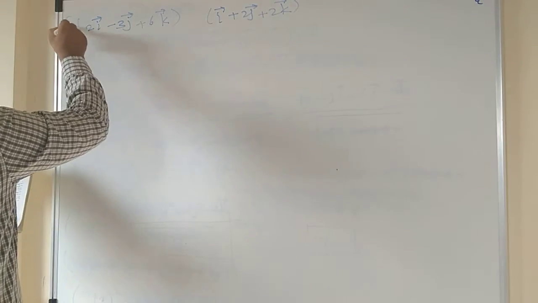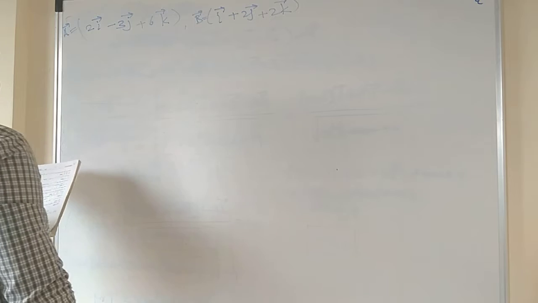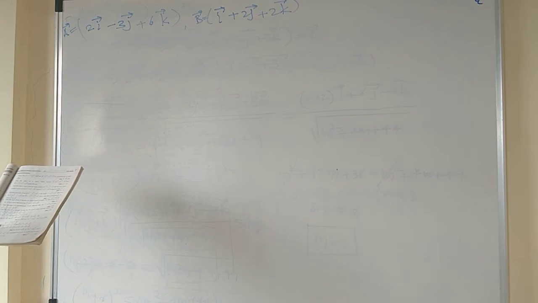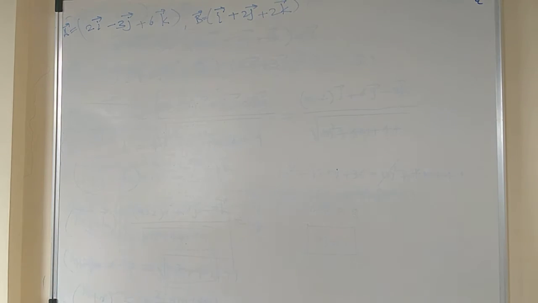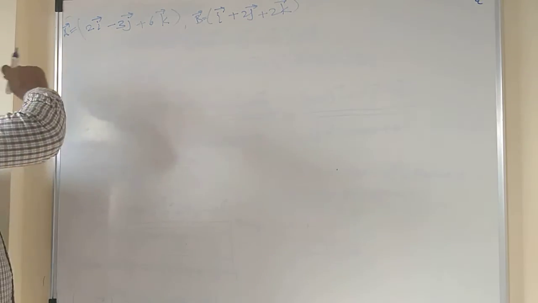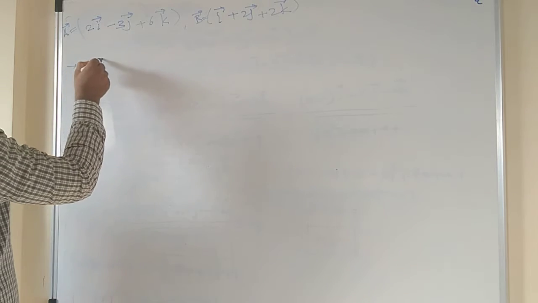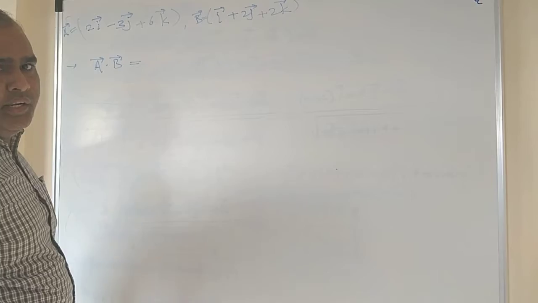Let us say this is vector a bar and this is vector b bar. So you are asked for the projection of vector a bar on b bar, correct? This is your problem. So in order to solve this problem, the projection of a bar on b bar. Projection of vector a bar on b bar, we have studied the dot product.